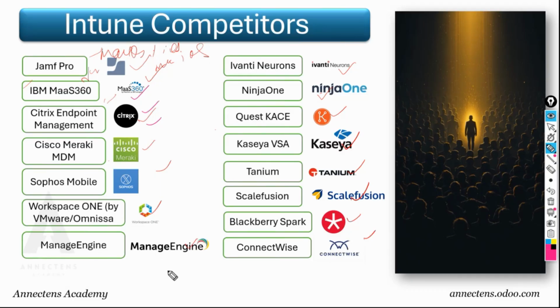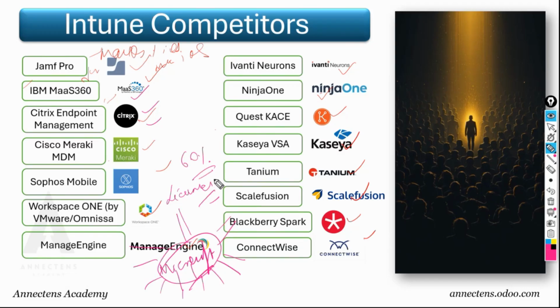Why Intune? Because Intune is directly coming from Microsoft, and it has integration with all sorts of Microsoft services. If you're coming from the Microsoft ecosystem, it becomes easier for you to manage the platforms, and the integration is quite easy. Licensing is also easy. For that reason, Intune has more than 60% of the market right now.